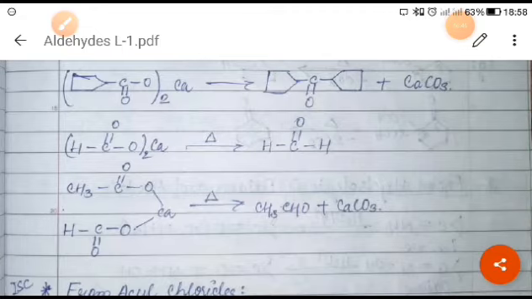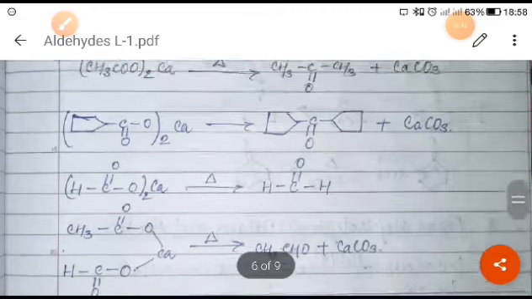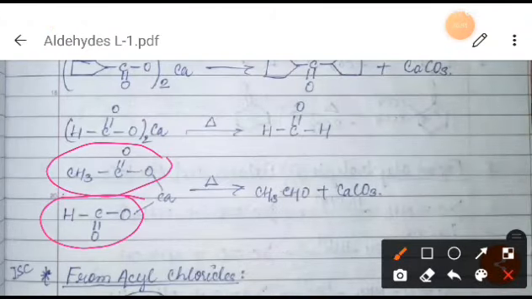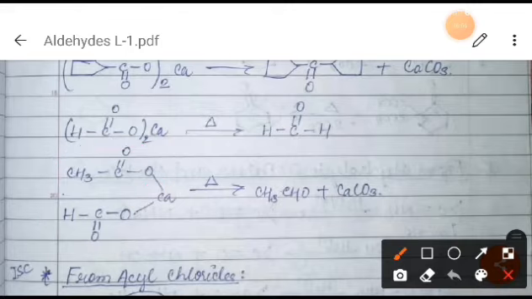So one more example, as you can see here, we are taking COOH, and here we have used CH3COOCa, right? So at that time, what will happen? It will react like this. It will take this part, right? What we have got? CH3COOH we have got, right?